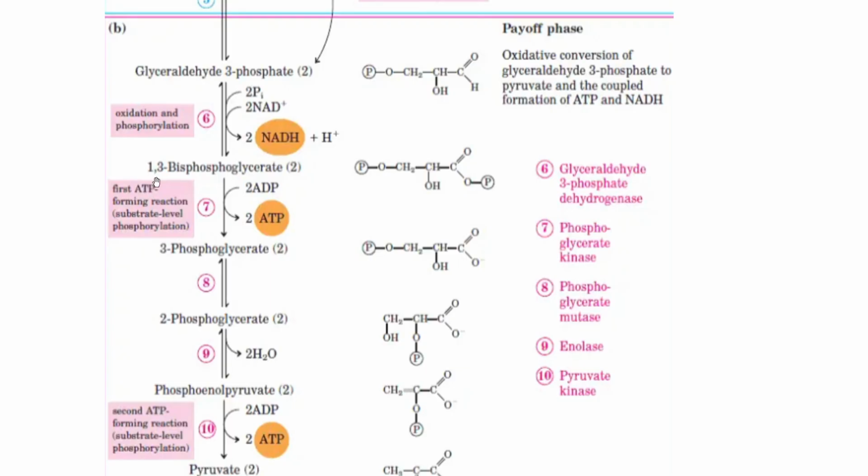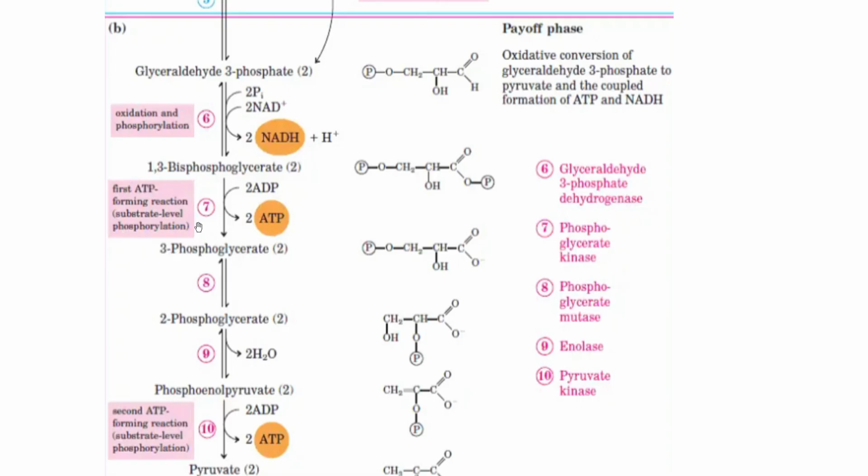Fine. Now each of these 1,3 bisphosphoglycerate molecules is also a 3 carbon compound. Now 1,3 bisphosphoglycerate is converted to 3 phosphoglycerate, and it releases one phosphate group, which joins with ADP to form ATP, releasing one ATP molecule.